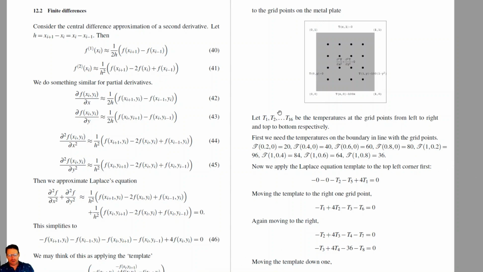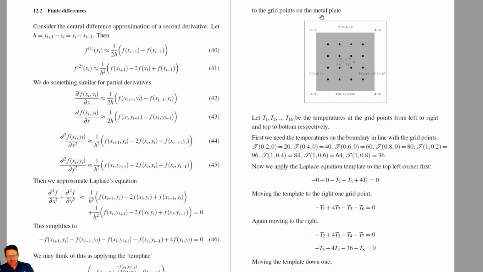So let T1, T2, dot, dot, dot, up to T16 be the temperatures at the grid points in this picture here, from left to right and top to bottom respectively. Now you can do that with matrix type subscripts as well, which is probably more appropriate than what I've done here.